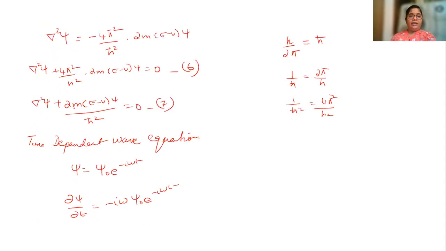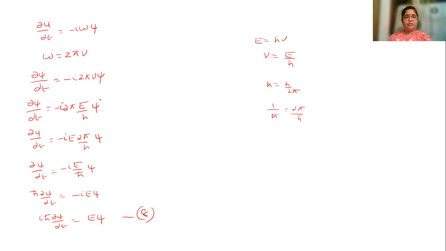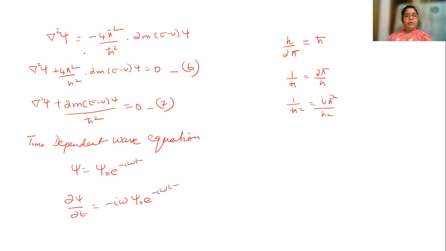I would like to take it back to Schrodinger's time independent wave equation. Either this or this, I will choose this. Let me rewrite Schrodinger's time independent wave equation: del square psi plus 4 pi square by h square 2m(E minus V) psi is equal to 0.